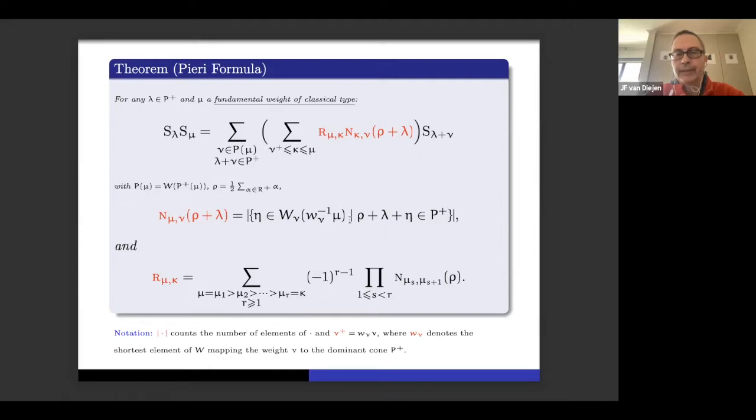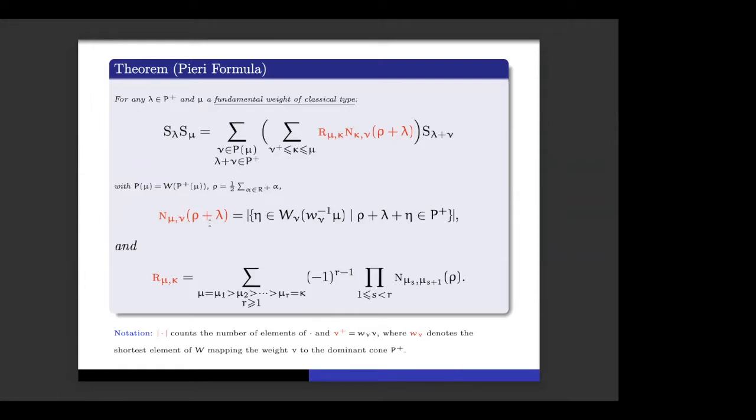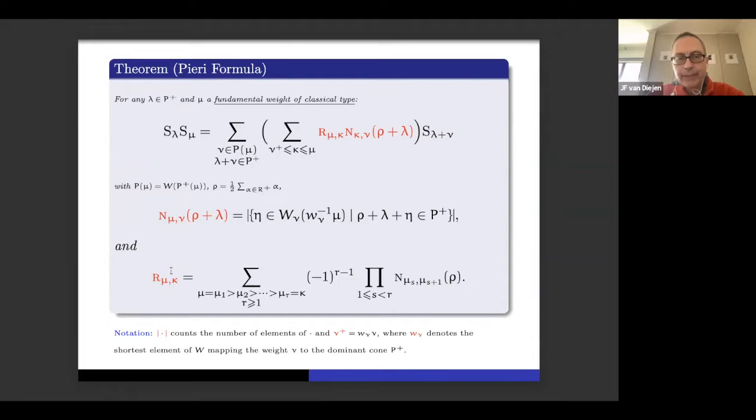It's not such a big number. And there are these R mu kappas. Well, what's that? If you put lambda equal to 0 and restrict to dominant weights here, and nu is not necessarily a dominant weight, but if you restrict to dominant weights, you get a kind of uni-triangular matrix. And if you invert this uni-triangular matrix, then you get these coefficients.